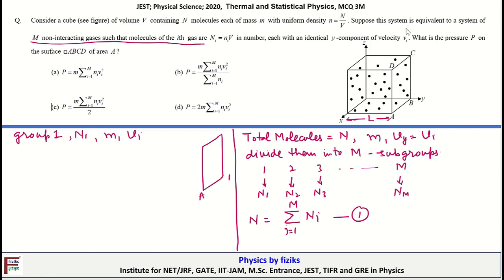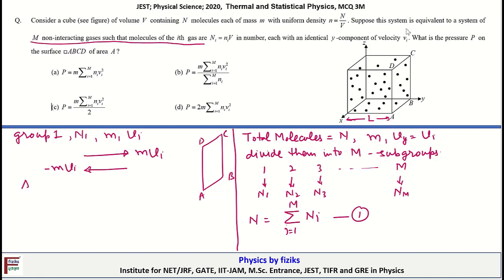The gas molecule moves from the extreme left, that is at y equal to 0, with momentum m Vi, and when it hits the face ABCD, it comes back with momentum minus m Vi.